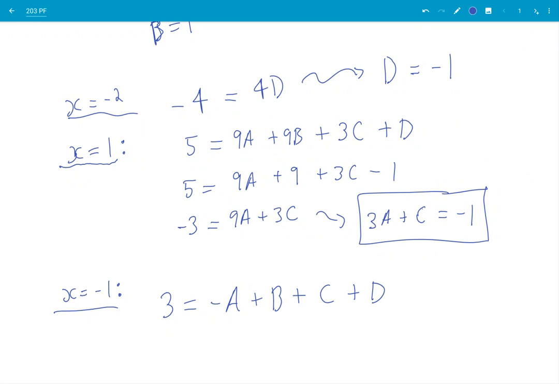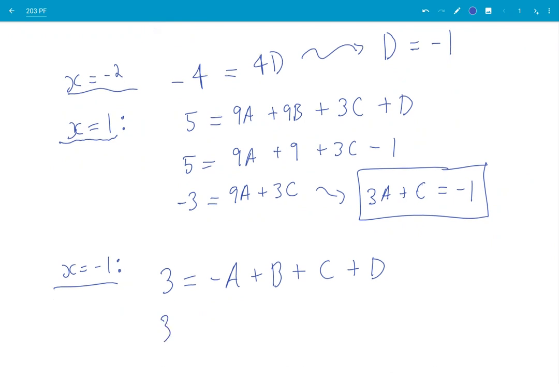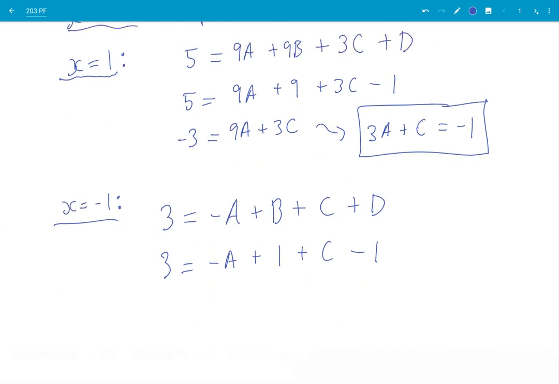And then what was it? B is 1, d is negative 1. Okay, so 3 is equal to negative a plus c.